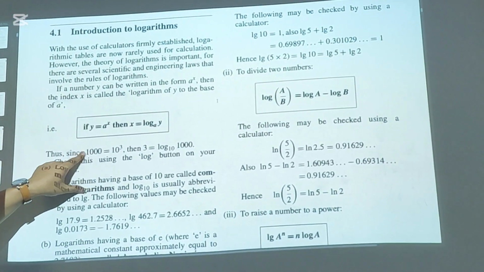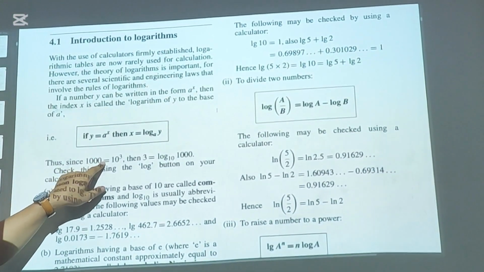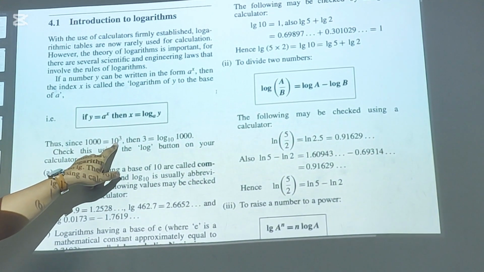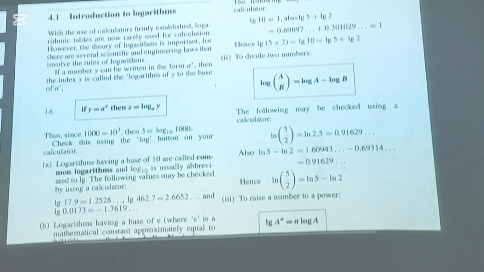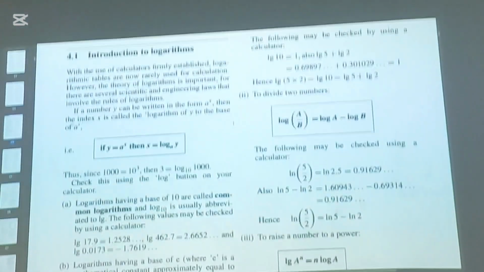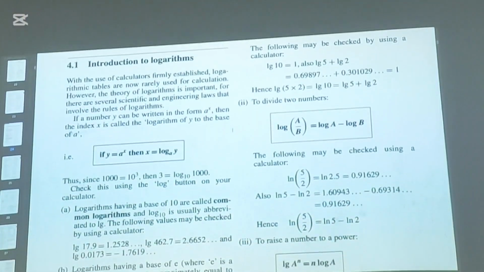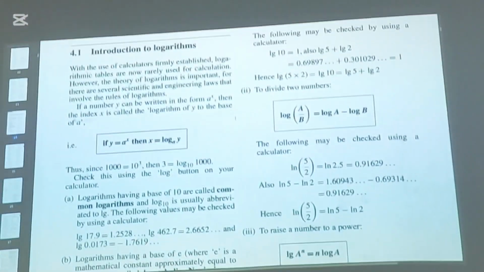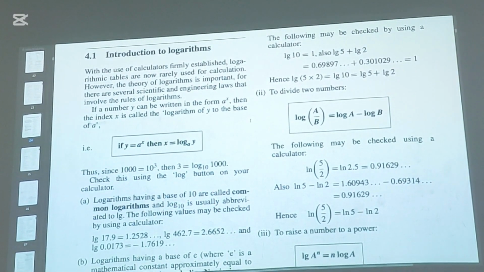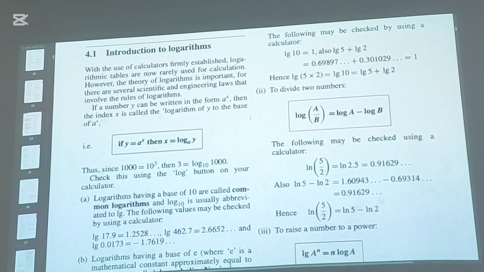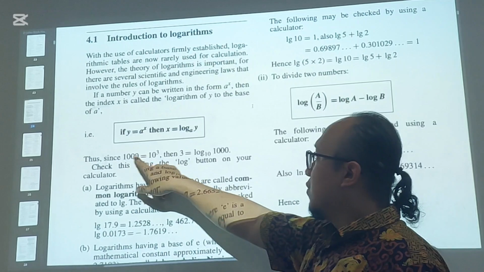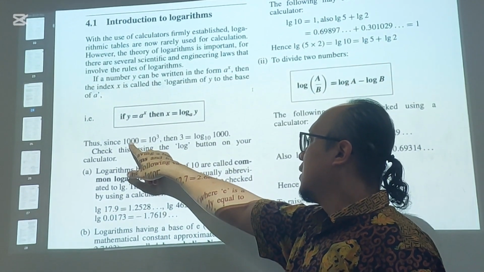For example, 1000 we can also write as 10 power 3. 10 power 3 is equal to 1000.